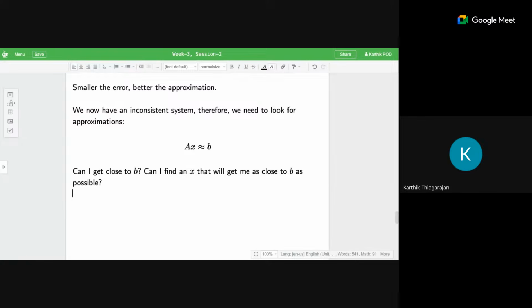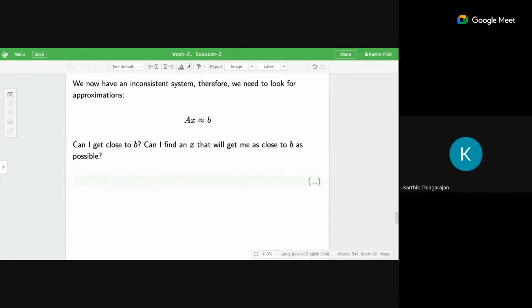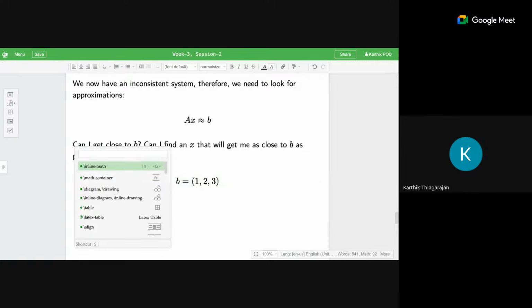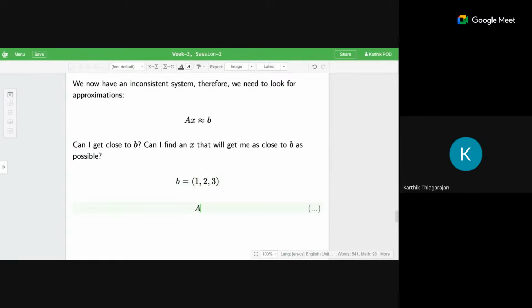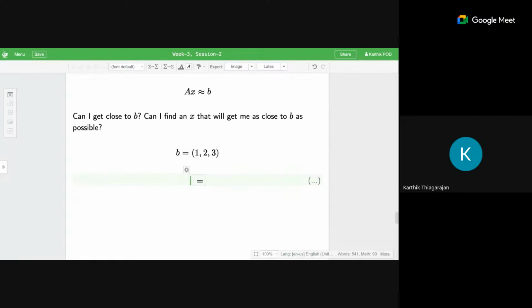So what does this mean? If you're now dealing with vectors, you have to take that into account. You are no longer dealing with scalars. Let's say b is equal to 1, 2, 3. For different values of x, I'll take two values of Ax, which is what you're approximating.